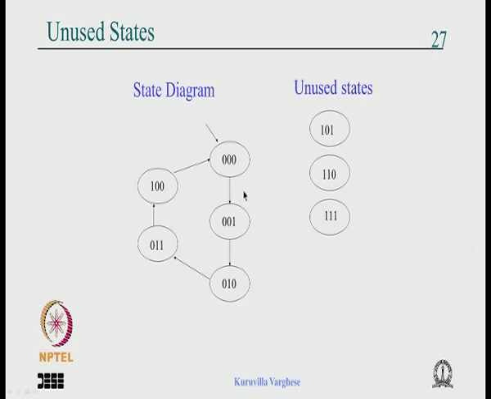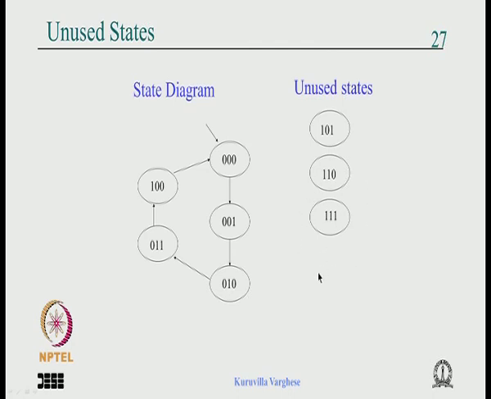The only difference from a practical state diagram is that there could be self loops here. I am not showing all the input transitions, but assume you have states going through 0, 1, 2, 3 and 4, but 5, 6, 7 are not used.